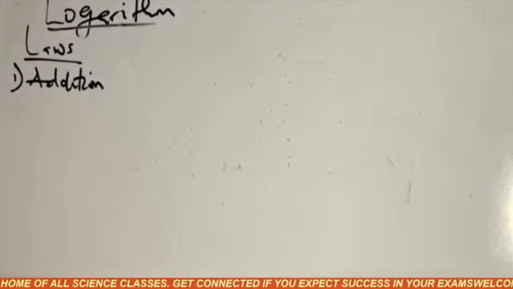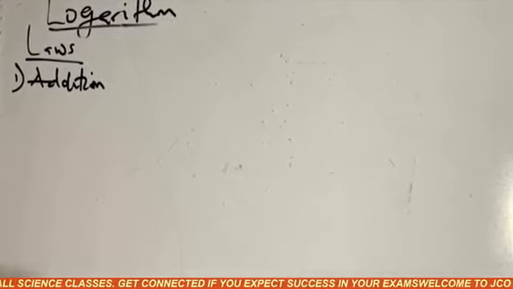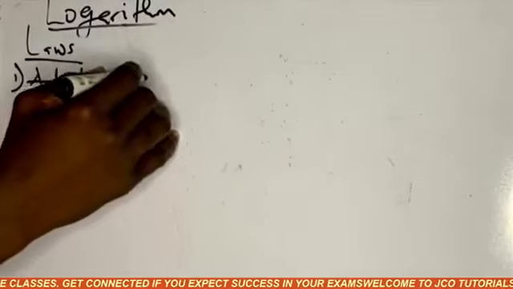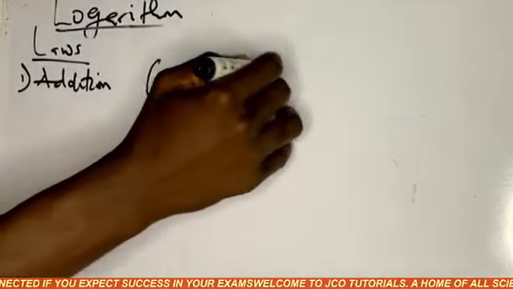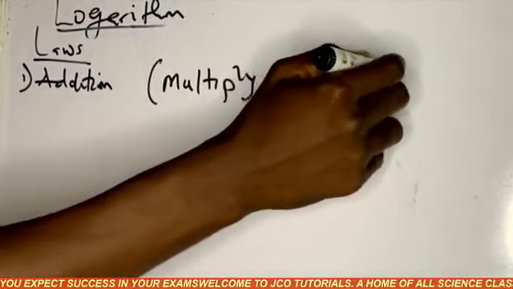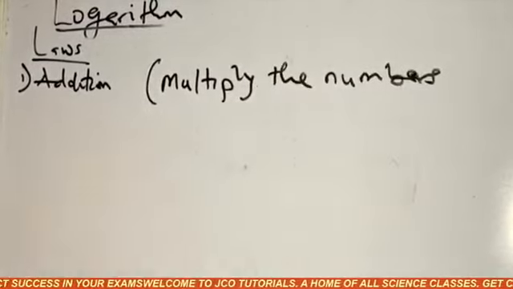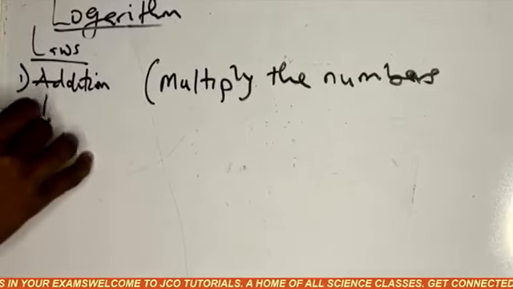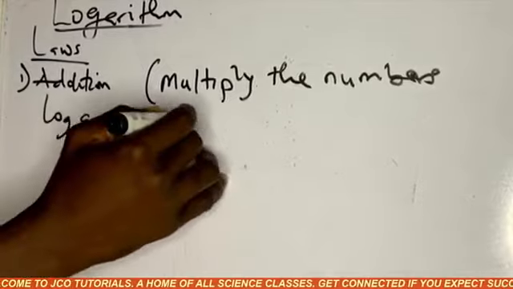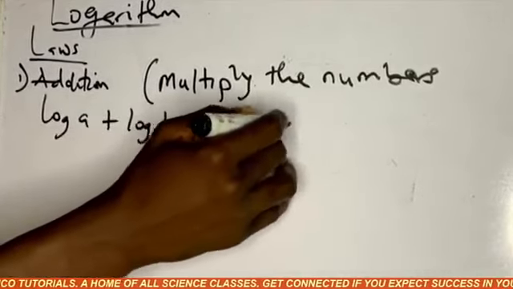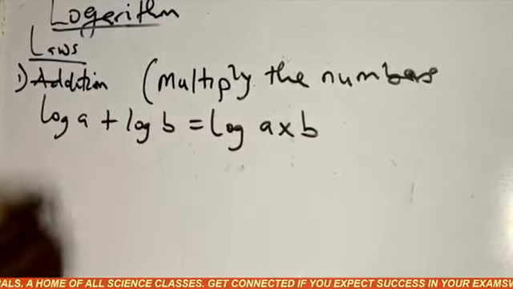In this case, it simply implies that you will multiply the log, not the numbers, multiply the numbers.